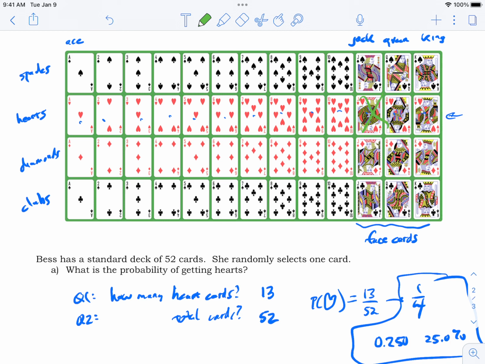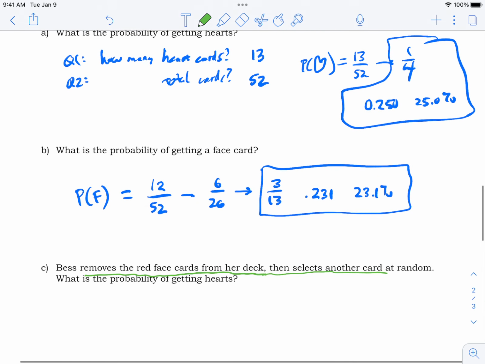So you have to picture, not there, not there, not there, not there, not there, not there. How about if I go like this? There. Now you can tell they're not there, right? She removed those cards, the red face cards. That means the face cards in hearts and the face cards in diamonds. That's what she did. So she changed the deck.